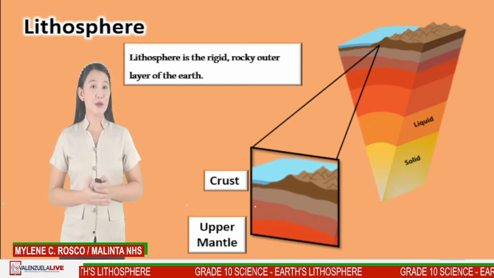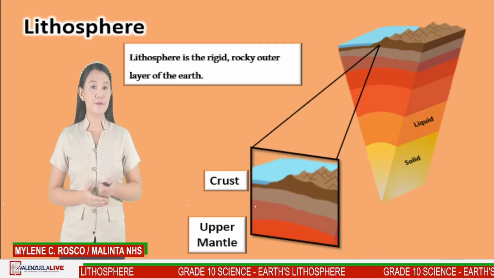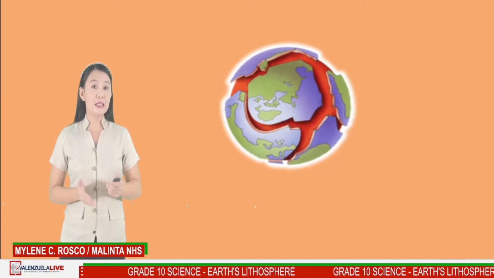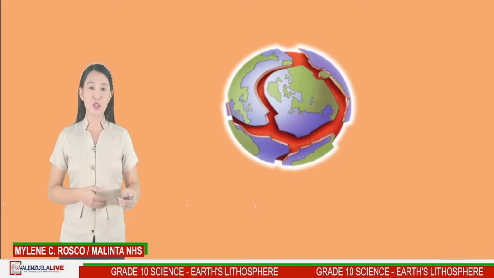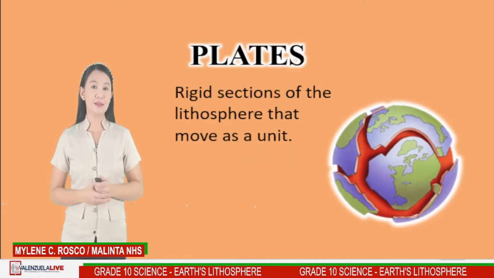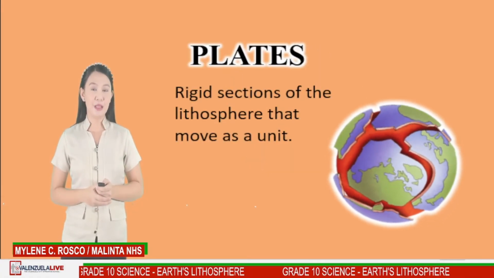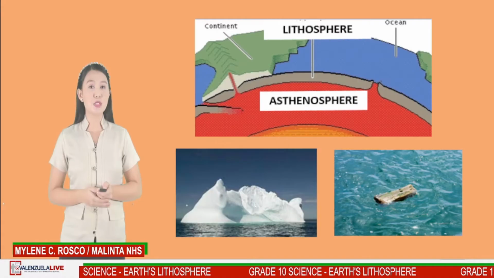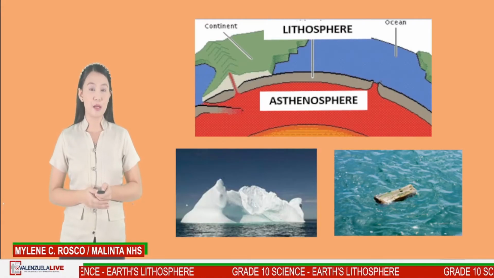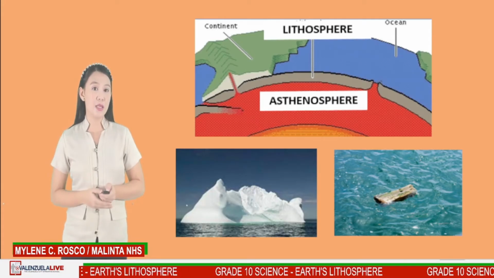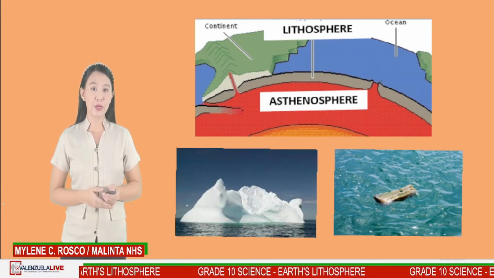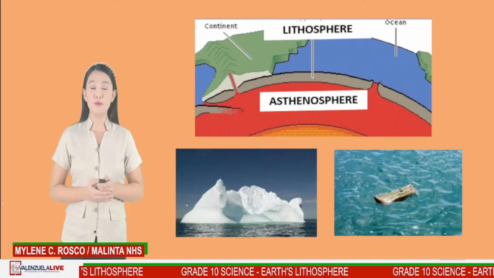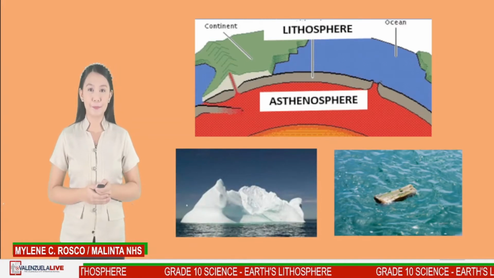The lithosphere of the Earth is not perfect. It is like a cracked shell of a hard-boiled egg. Lithosphere is broken into sections called the plates. These lithospheric plates are floating on top of soft weak asthenosphere, similar to the way in which an iceberg or a block of wood floats on water.